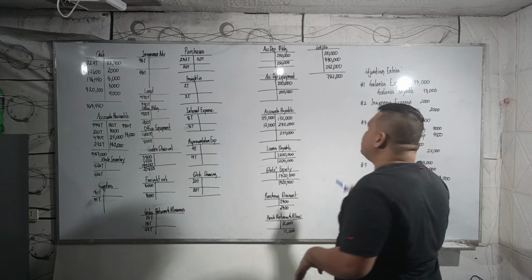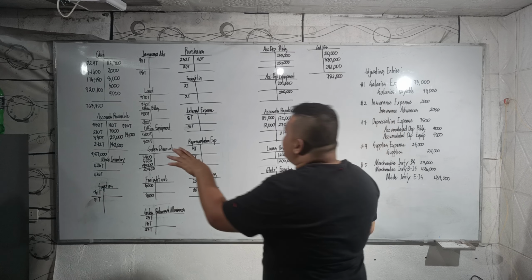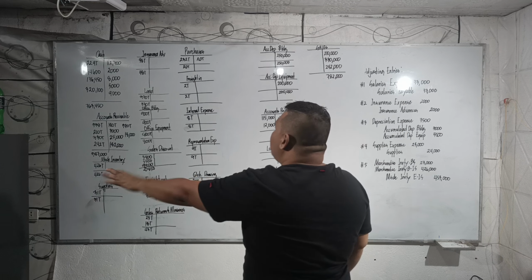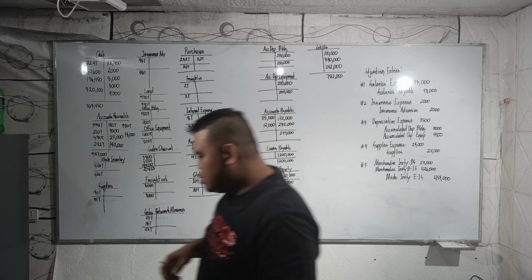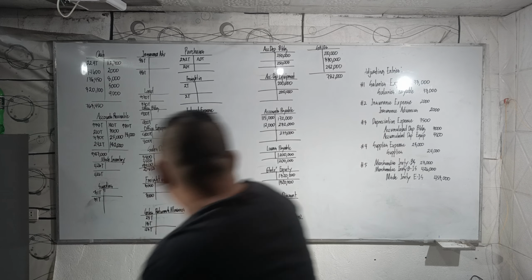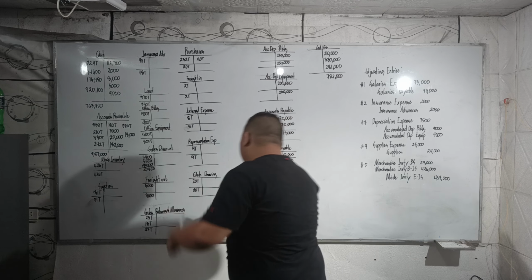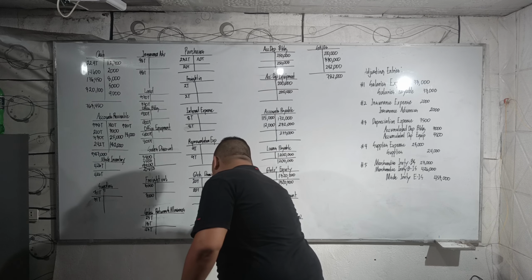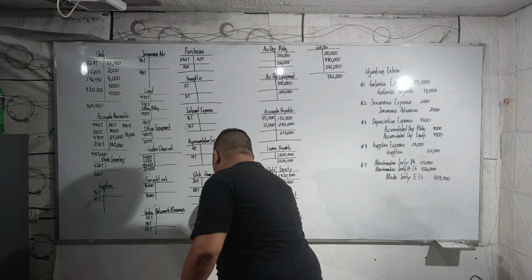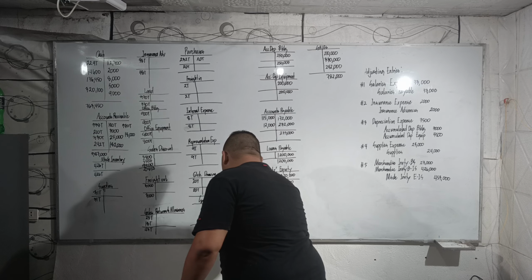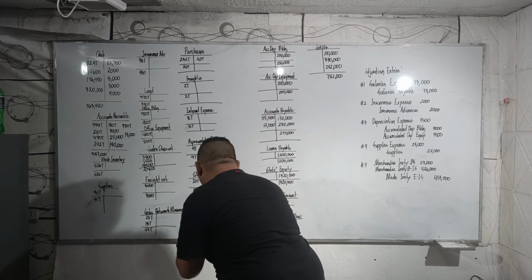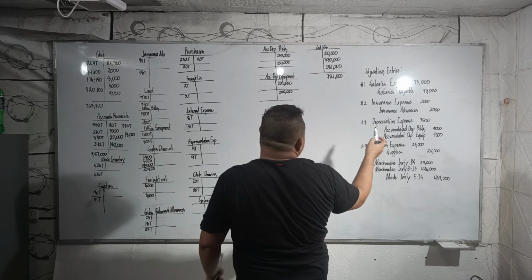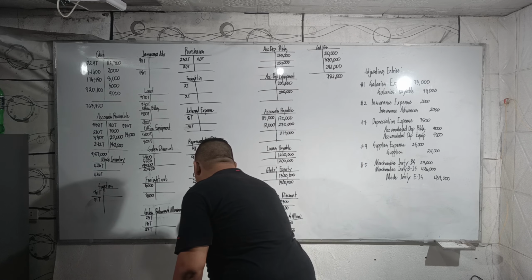So what will happen? Salaries expense. Let us find the salaries expense. We do not have it, I checked earlier. So we have to make a new T account for salaries expense. Again, we are now at posting. Salaries expense is 73,000.